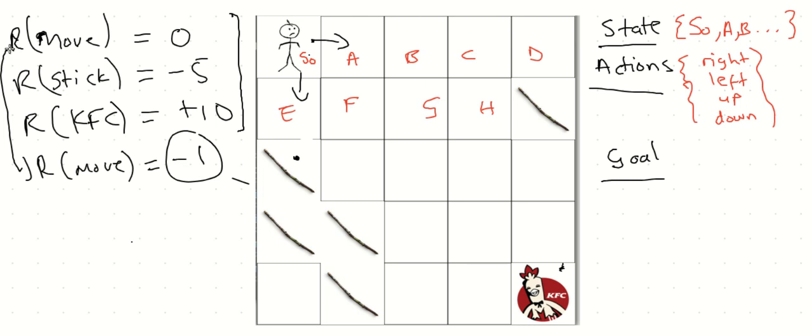So depending on the kind of problem you want to solve, maybe you define the reward as 0 because you don't care about the amount of time it takes to reach the KFC. He just wants to reach the point. Or you define it as -1, where you go like, oh, okay, I need to get there as fast as possible. So your reward definition is actually what's going to affect how you navigate through this environment.